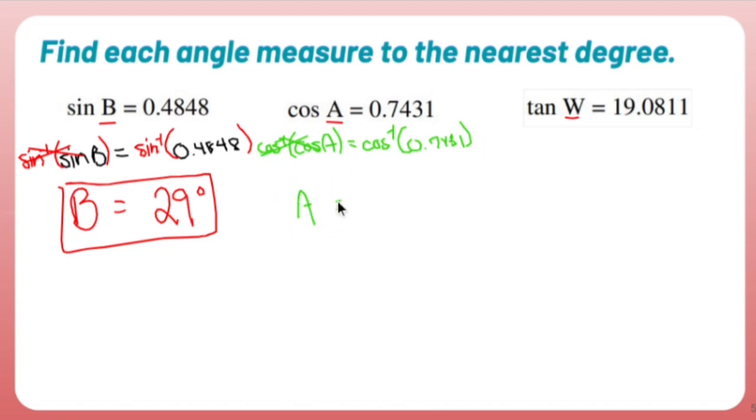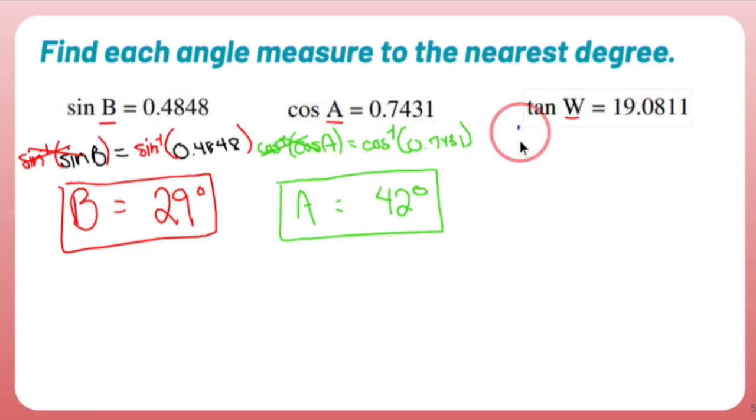And I run to a calculator. I type out inverse cosine of 0.7431, and I get 42.0038, so I'm going to go with 42 degrees.